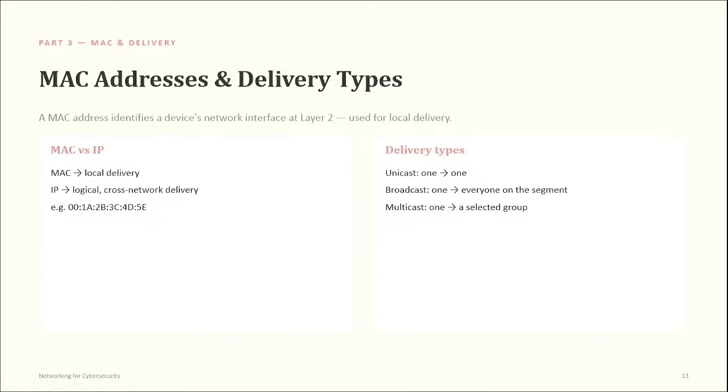Is it clear? So, MAC addresses and delivery type. The MAC address identifies a device network interface at layer 2, used for local delivery. I said the MAC is for local delivery, then it uses an IP address.